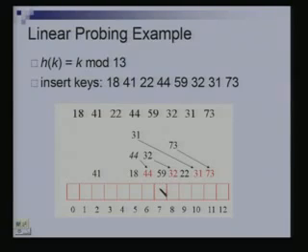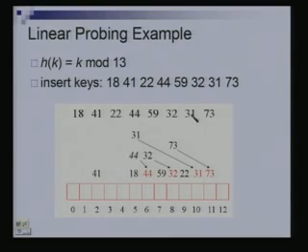We come to this location, it was empty, so we put 59 here. 32, 32 mod 13 is 6, and 44 is sitting at 6. So we go to the next location, 59 is sitting at this location. So we go to the next location, which is still empty, and we put 32 here.